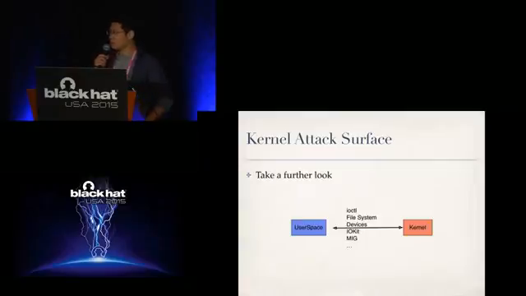Actually, we are able to divide this into some small categories. I just list some here. For example, the I/O control: this API is very, very powerful. It's able to read or write some system variables inside the kernel. And the file system, of course: if you want to mount an image, the kernel must resolve the file system.